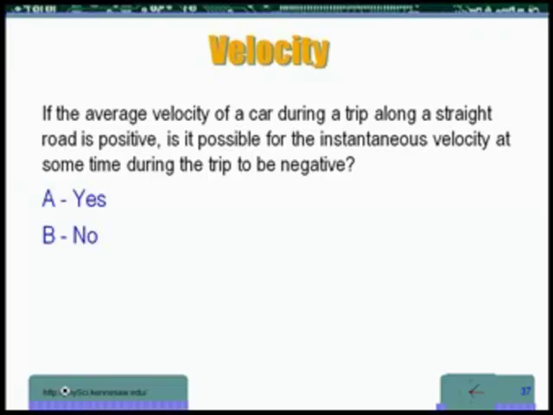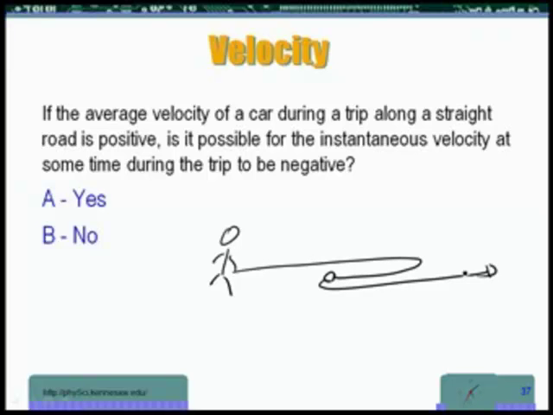Okay, we can take examples. What about if we take a person like this and have the person run and then return a little bit here and then continue here? Now, what's going to happen here? Average velocity is displacement over time. Displacement, that's this.